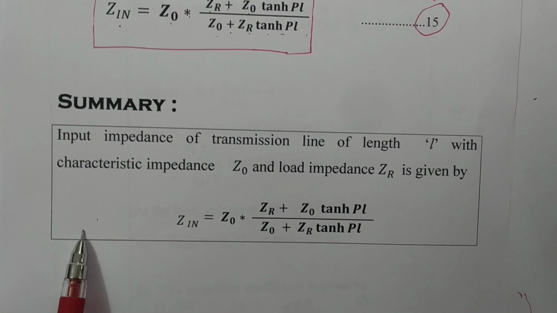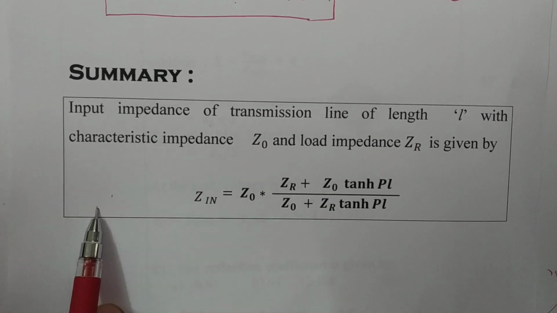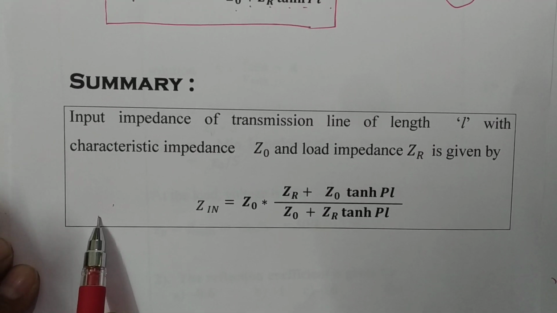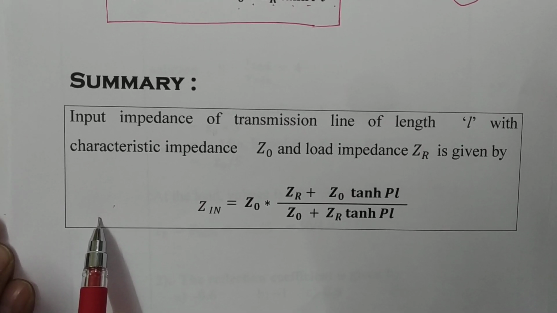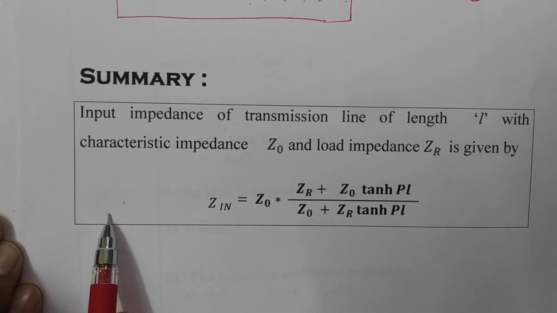Now you should be able to derive the input impedance of transmission line of length L in terms of the characteristic impedance and load impedance.